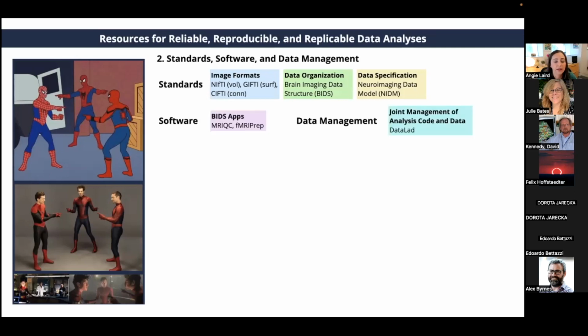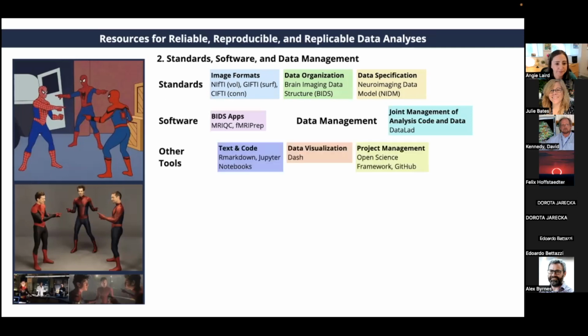Our community has wonderfully seen the emergence of turnkey data processing and analysis software tools, and DataLad is available for data management and versioning. And additional tools that me and many others have made part of our daily lives include those for text and code, data visualization, and project management.